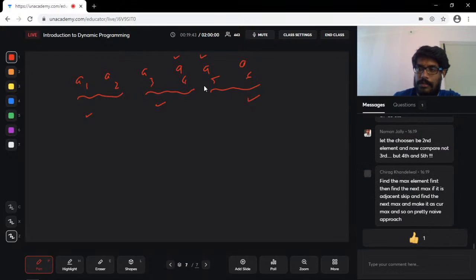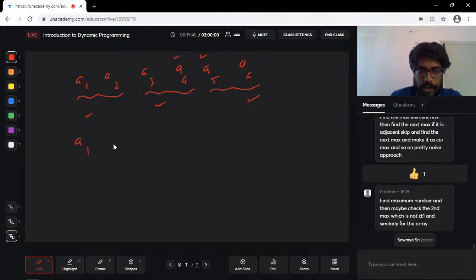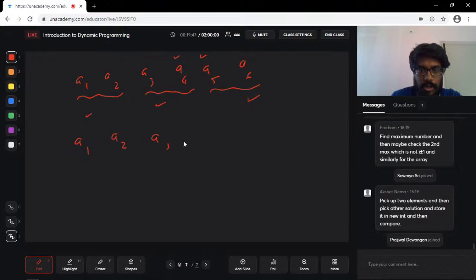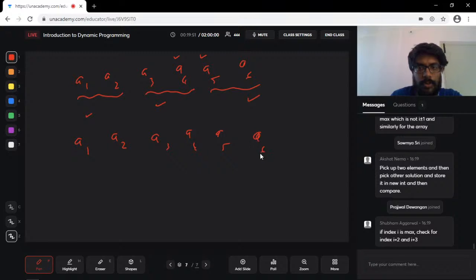Okay, so Naman is giving a different solution now. He's saying amongst A1 and A2, pick the maximum. Suppose it's A2, then he is going to leave A3 and go to A4 and A5.